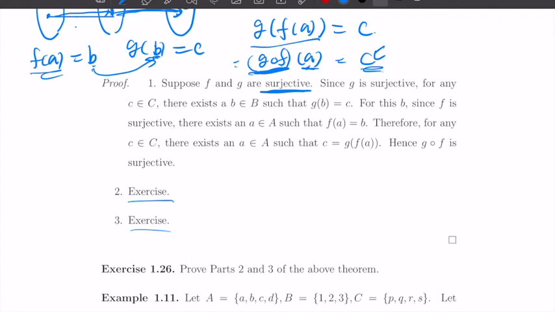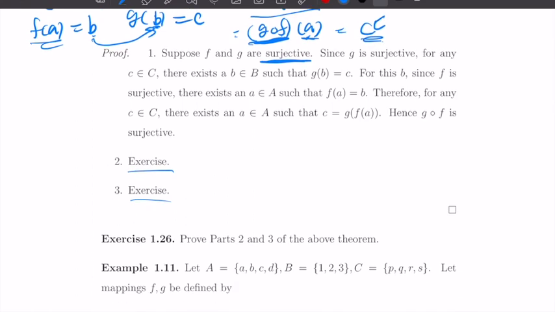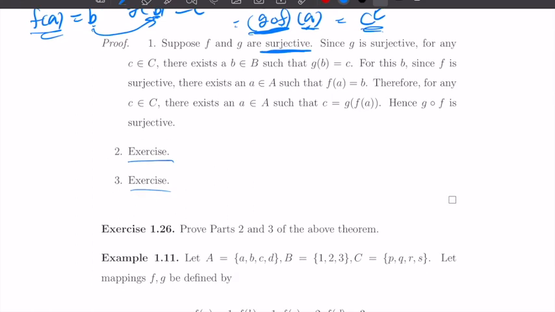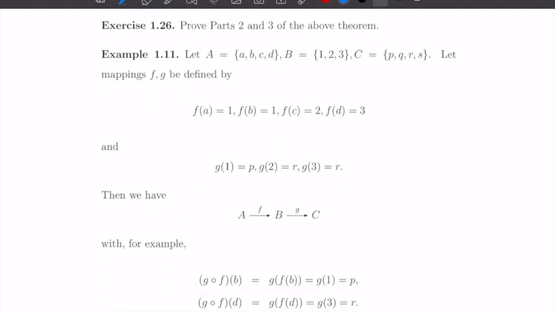You should prove part 2 and part 3. But if you can prove part 2, part 3 should be easy. So always go back to the definition. Any questions?